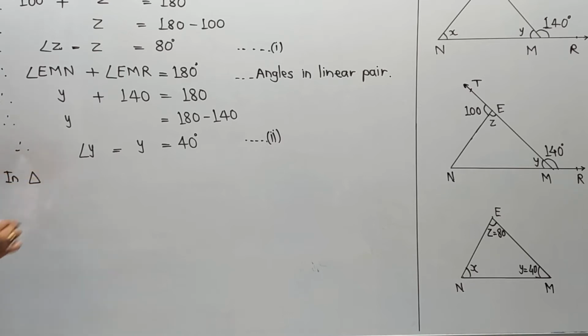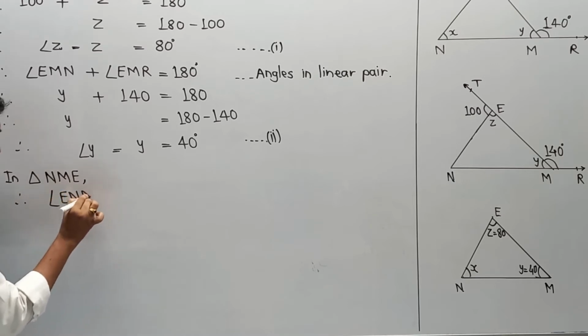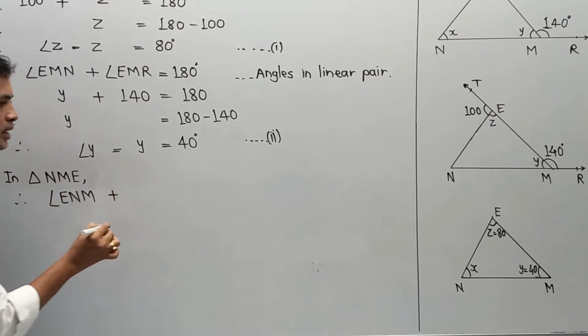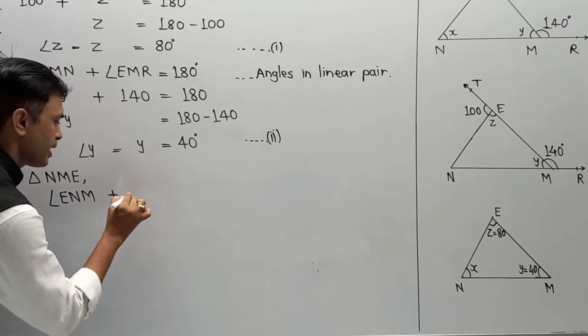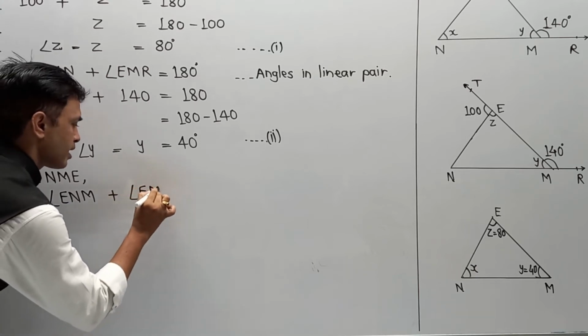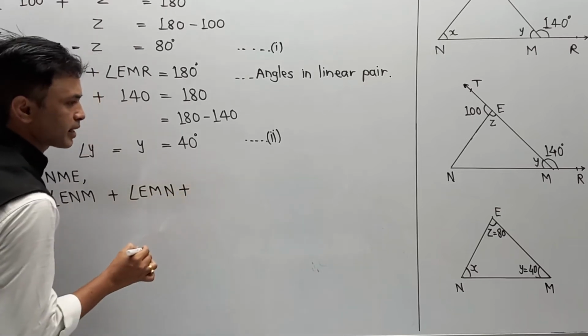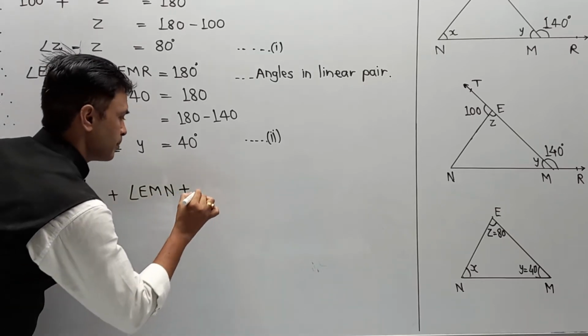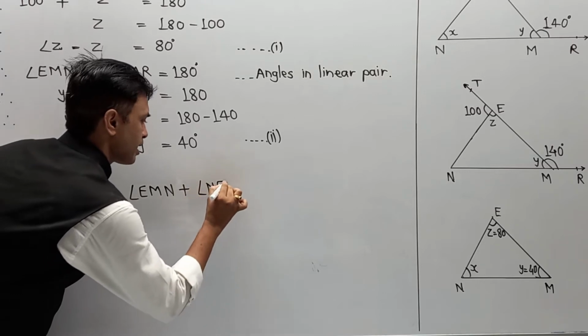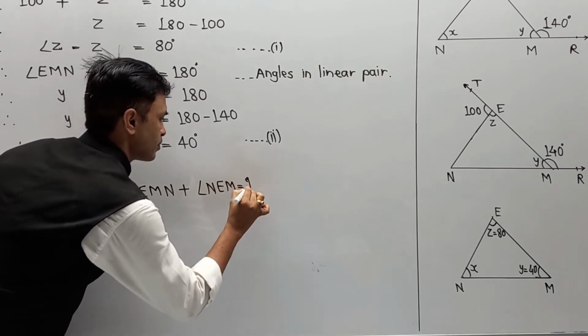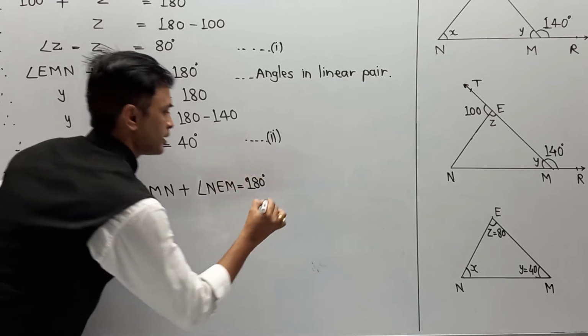In triangle NME, angle N means ENM, angle ENM plus second angle M means EMN, angle EMN plus third angle E means NEM, angle NEM is equal to 180 degree.